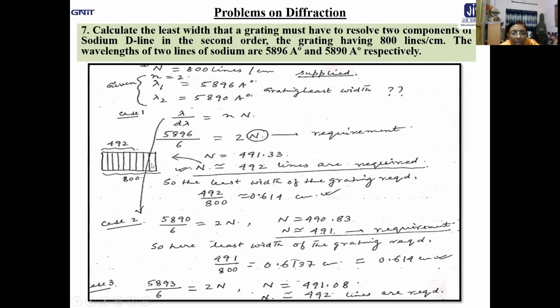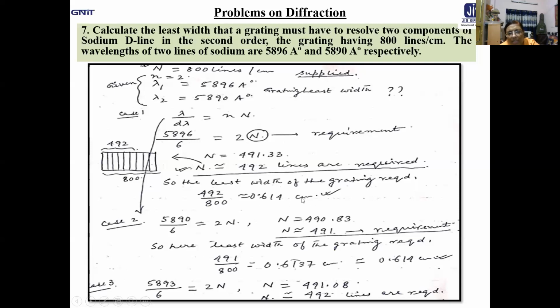But your grating has 800 lines, so you are not using all 800 lines, that is, not the full 1 centimeter. So the least width of the grating you require is 491 by 800. What will you get? Just take a look: 0.6137. That means basically 0.614 centimeter.